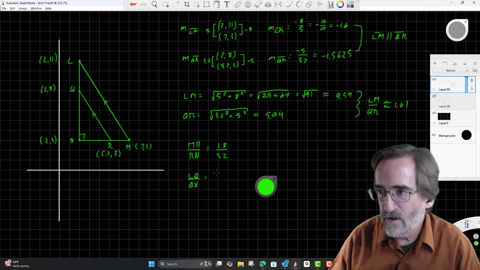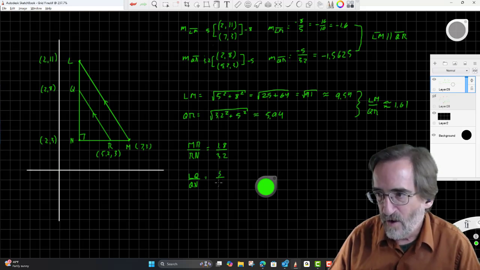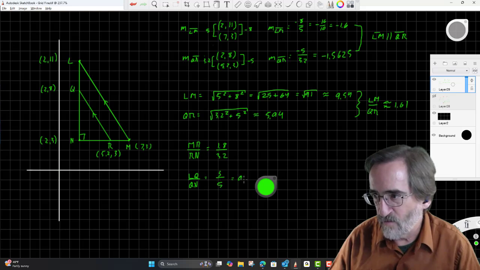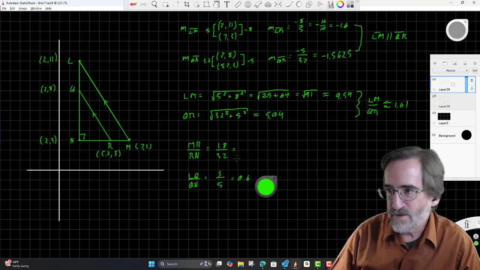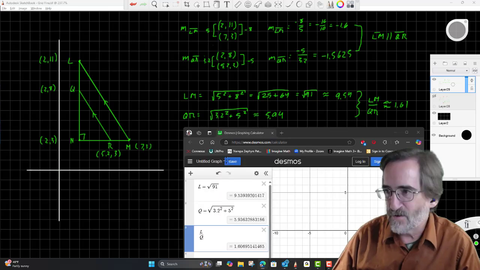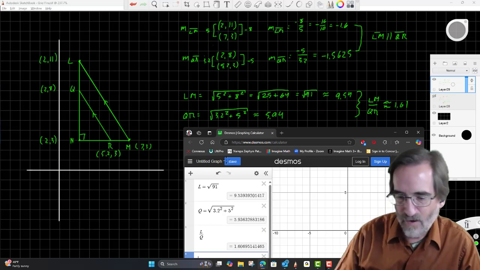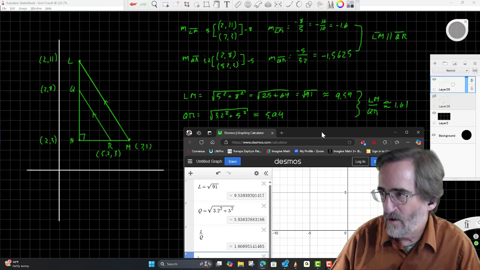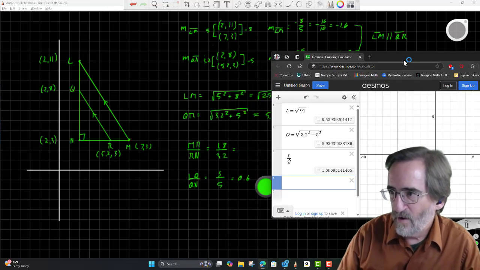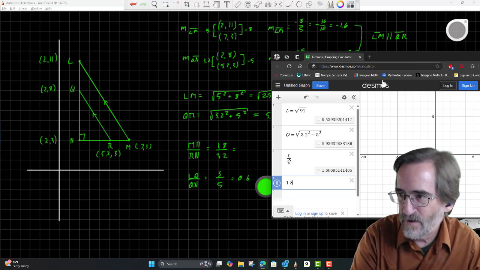LQ is 3, and QN is 2, 4, 5. So that's 0.6. Let's check this out. 0.6. And 1.8 to 3.2. Let's see if that's 0.6. 1.8 to 3.2.